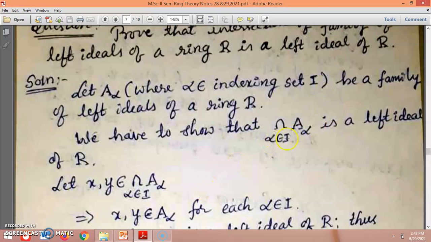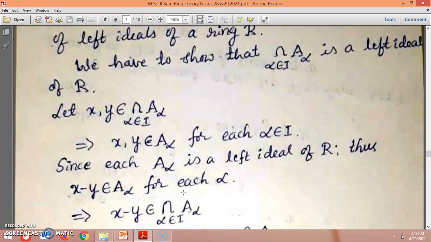These two satisfy both properties of left ideals. Let us see: let x and y be members of the intersection of A alpha, where alpha is a member of the indexing set. Then x minus y is also a member of each A alpha.